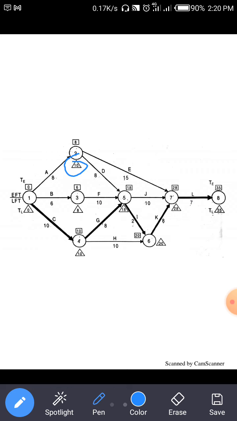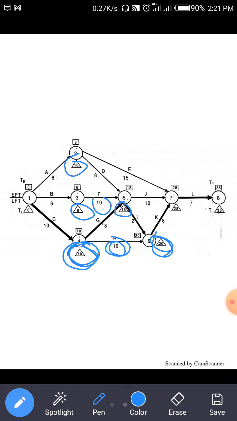So we write here 10. Then 18 minus 10 is 8 for node number 3, and then 20 minus 10 for node number 4, the TL value is 10.